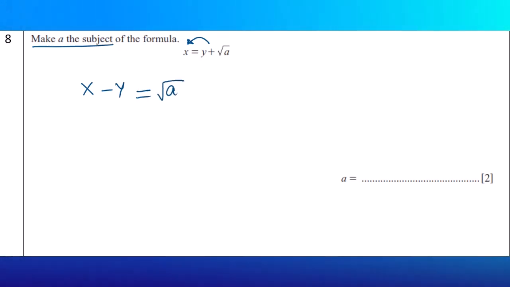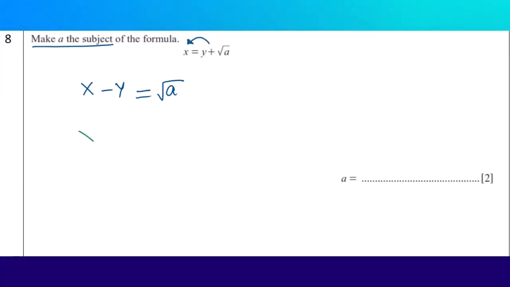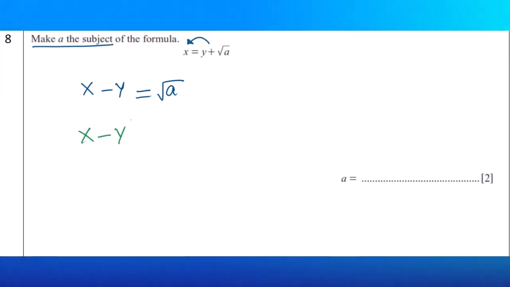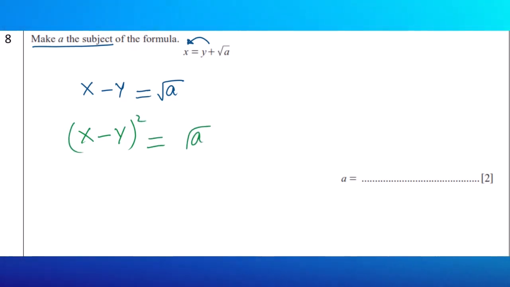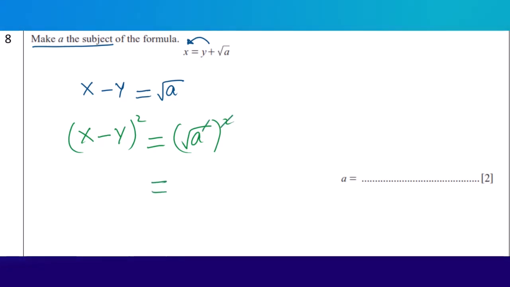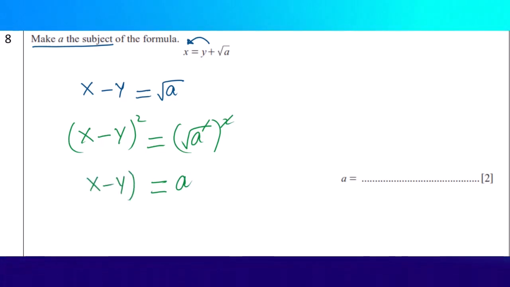Okay. We want to remove this square root. So to remove the square root, we will take square on both sides. Square on this side, and also on this side, so that we can cancel square and square root with each other. So what is left on this side? A, and here x minus y squared.